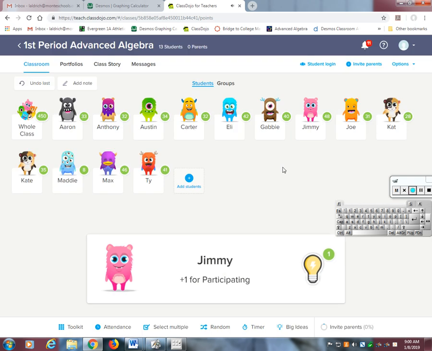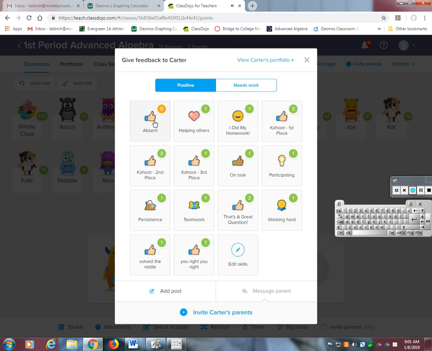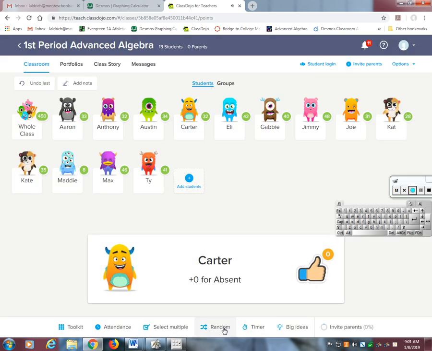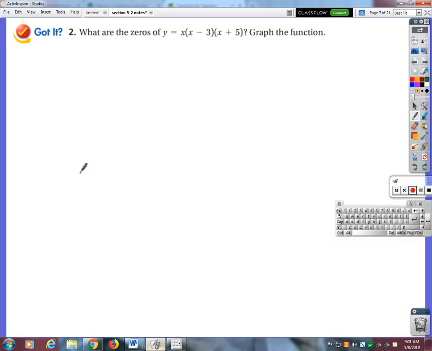So what are the zeros of this graph? What value of x makes this 0?